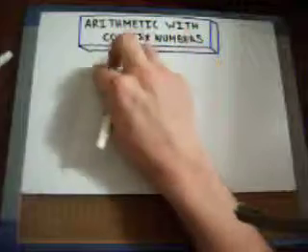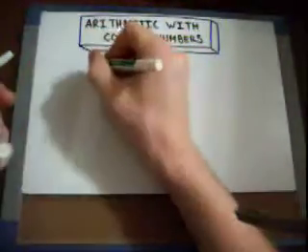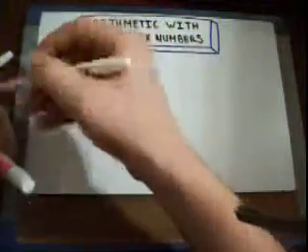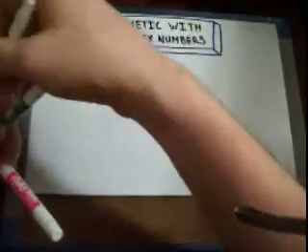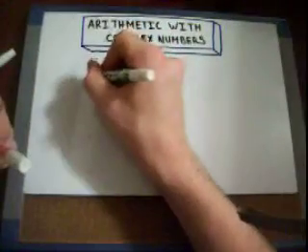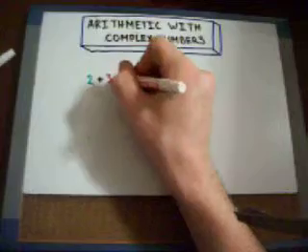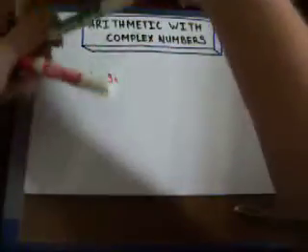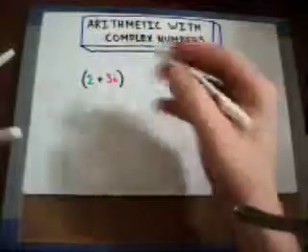Let's say I had the complex number 2 plus 3i, and if you remember, with complex numbers we're basically thinking of this all as one.